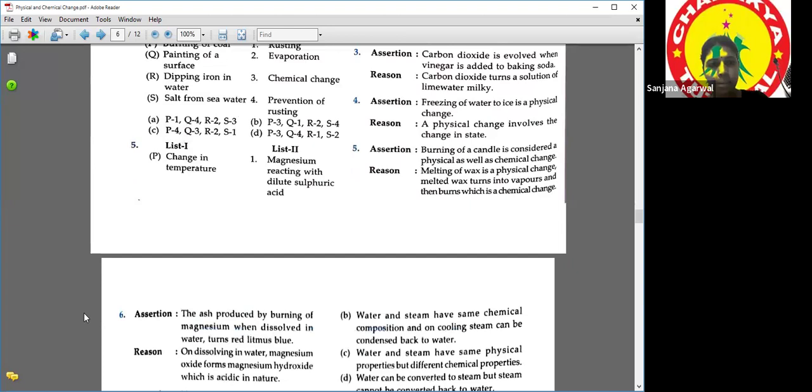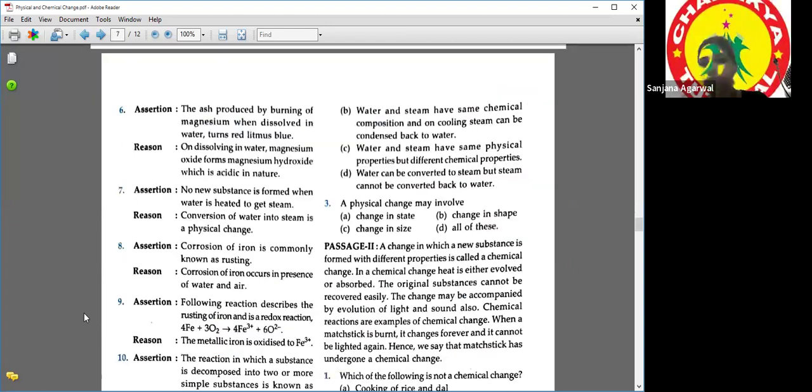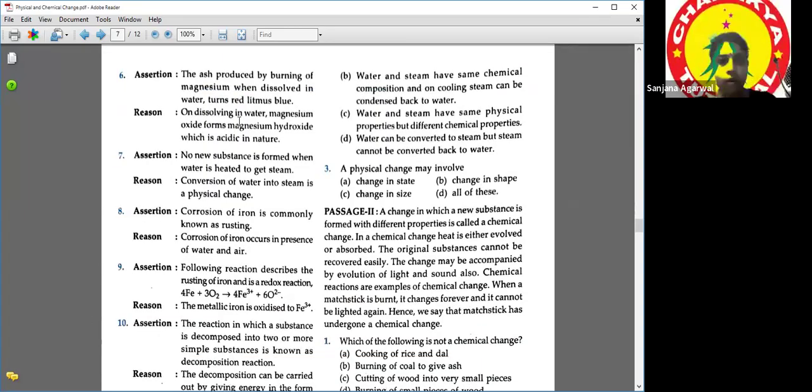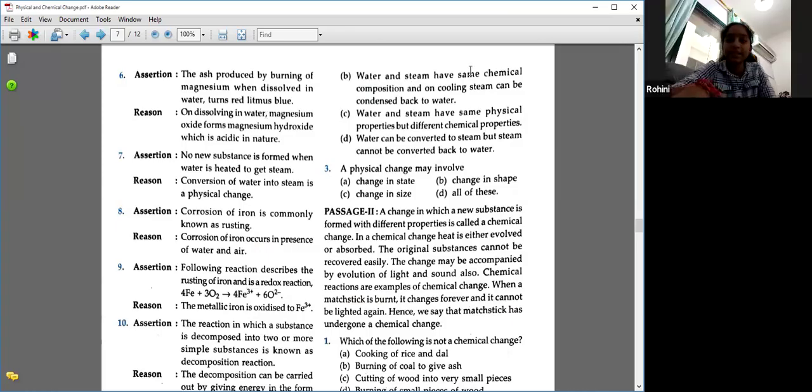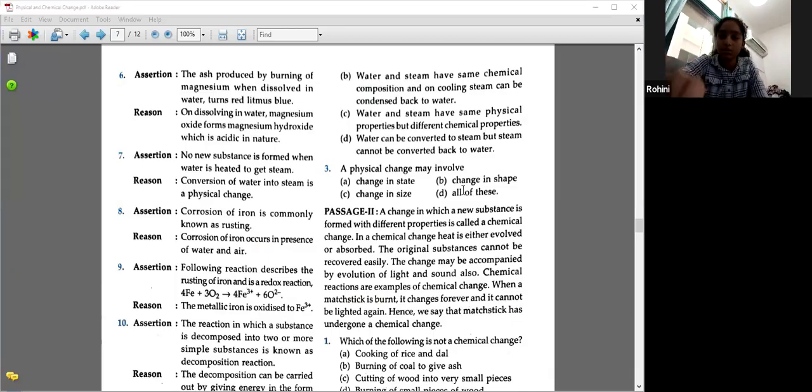Six. Ash produced by burning of magnesium, when dissolved in water, turns red litmus blue. And on dissolving in water, magnesium oxide forms magnesium hydroxide, which is acidic in nature. Ma'am, should we put the answer in chat or should we say separately? Wait, Aishwarya, you tell for six.